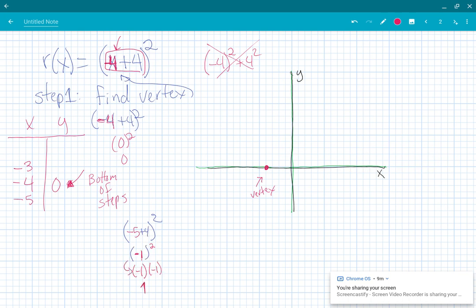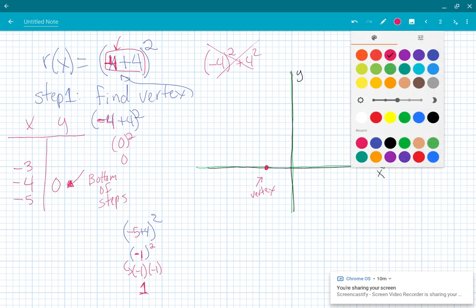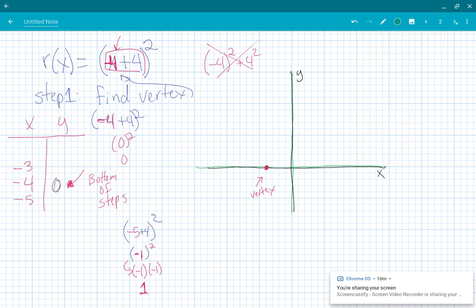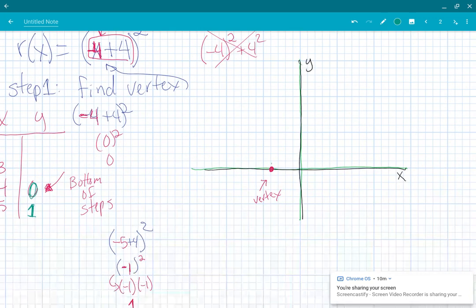That's positive what? Positive 1. So now we have our y value, right? I'm going to put it in green. So that's going to be, what are we plugging in? 1. Okay, so we know our first step is up 1 over 1. That's our first step. Up 1 over 1.